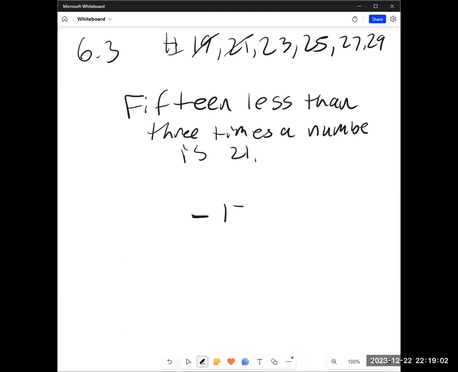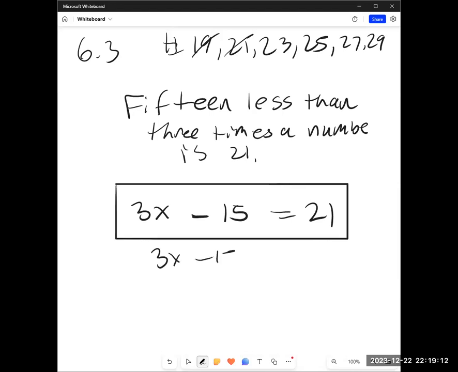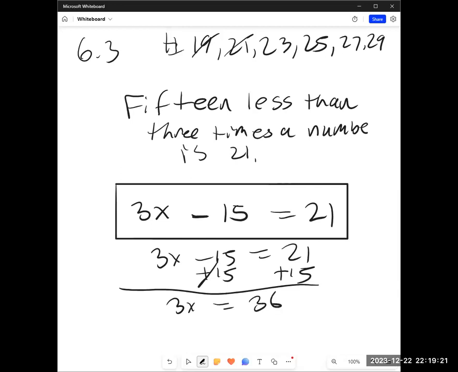That is your first part. Then 3x minus 15 equals 21. Add 15 to both sides. We get that 3x is equal to 36. Divide by 3, and x is equal to 12.